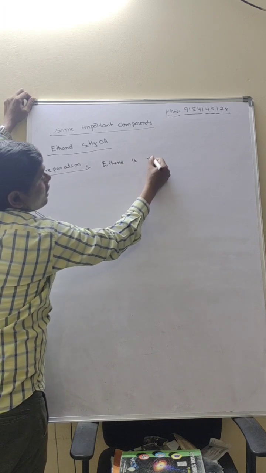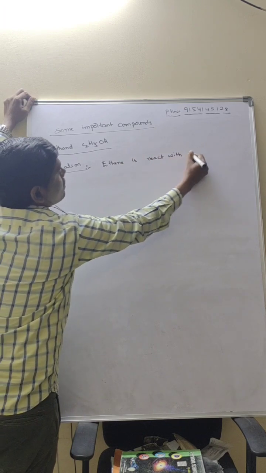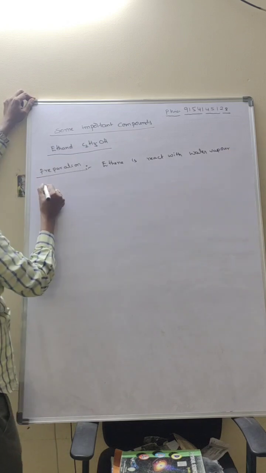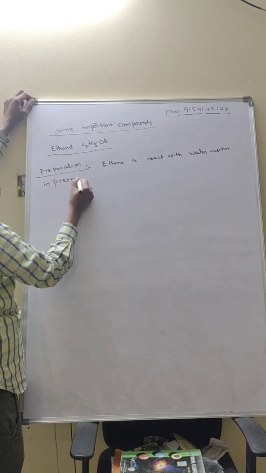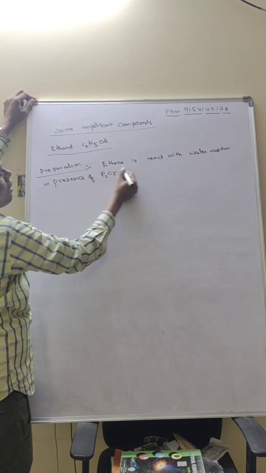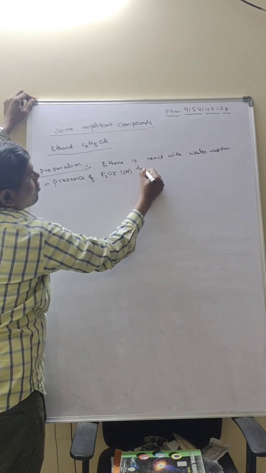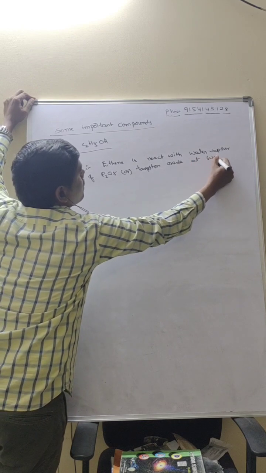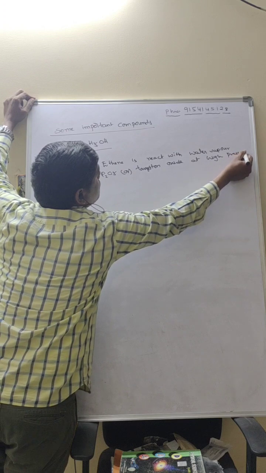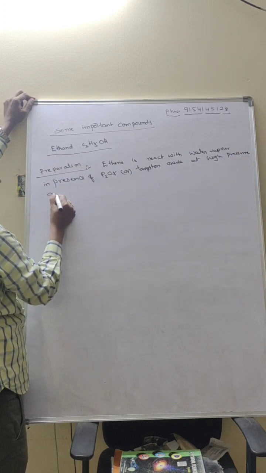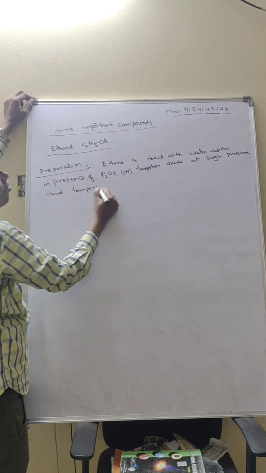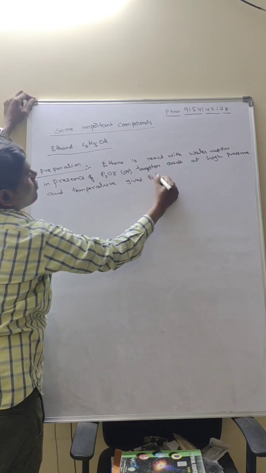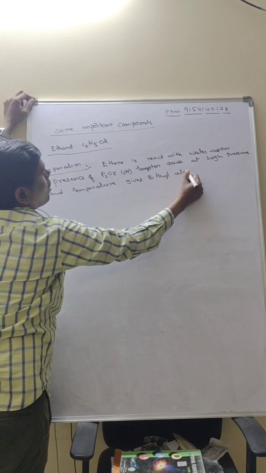Ethene reacts with water vapor in the presence of P2O5 or tungsten oxide at high pressure and temperature and gives ethyl alcohol.